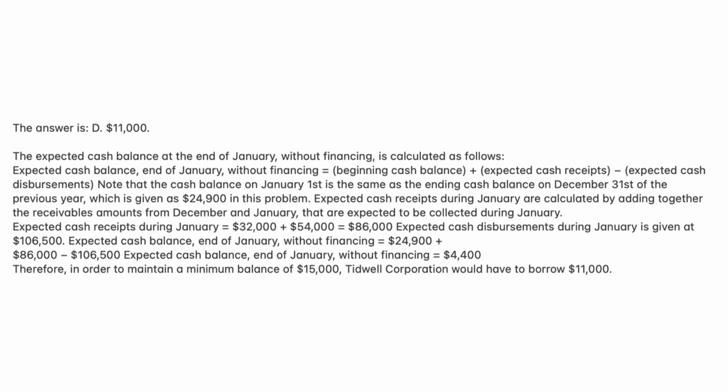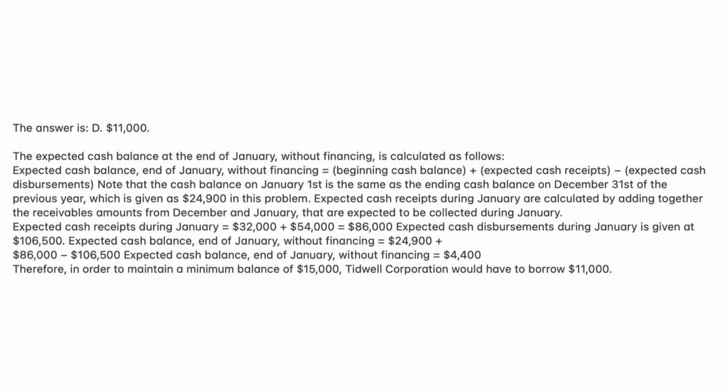Expected cash receipts during January are calculated by adding together the receivables amounts from December and January that are expected to be collected during January. Expected cash receipts during January equals $32,000 plus $54,000 equals $86,000.